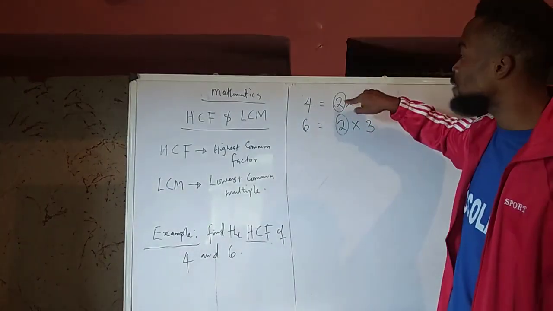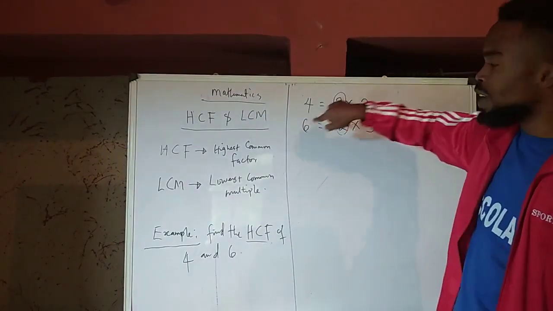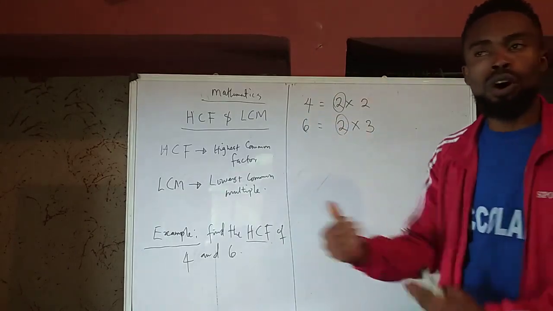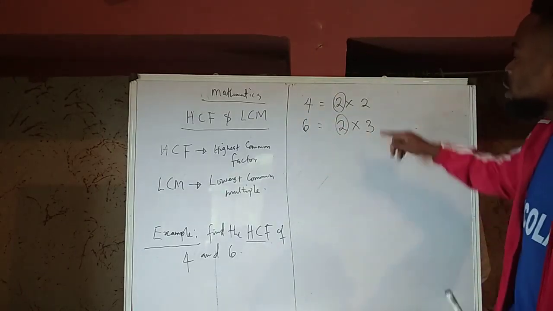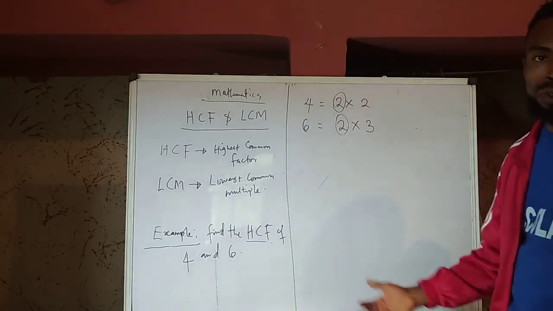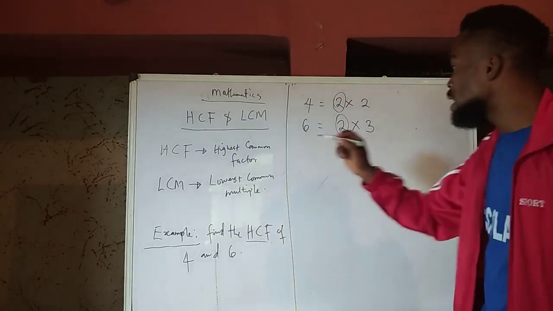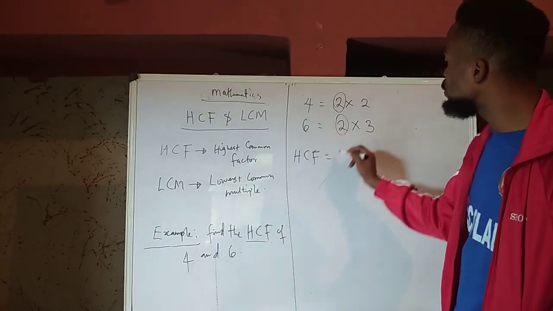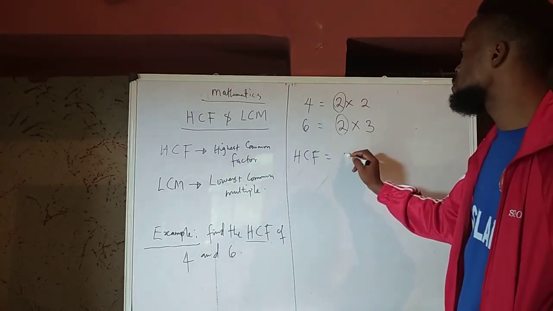So 2 is a factor of 4, 2 is also a factor of 6. So that means 4 and 6 have a common factor. 3 is not a common factor because 3 is not a factor of 4. So that means the highest common factor of 4 and 6 is 2.